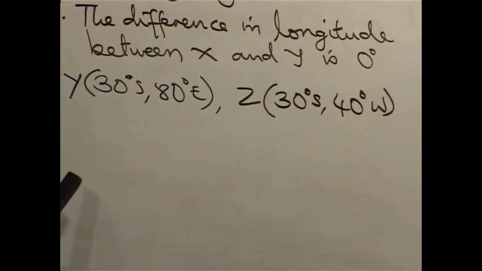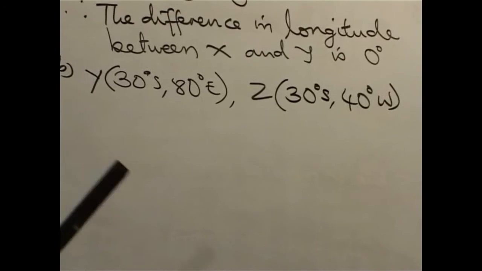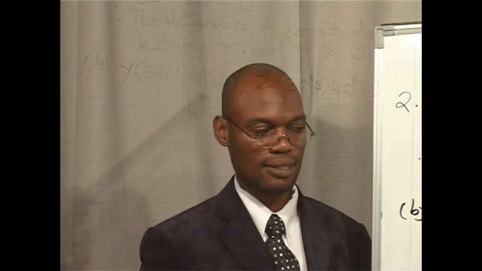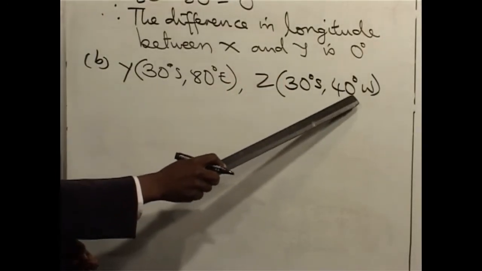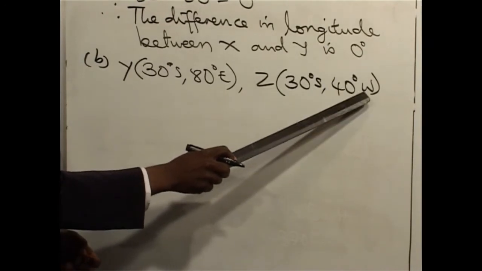Remember, we are still looking at the difference in terms of longitude. So we are going to find the longitudinal difference between the 2 points. So we identify the longitude for point Y, which is 80 degrees east, and then the longitude for point Z, which is 40 degrees west.